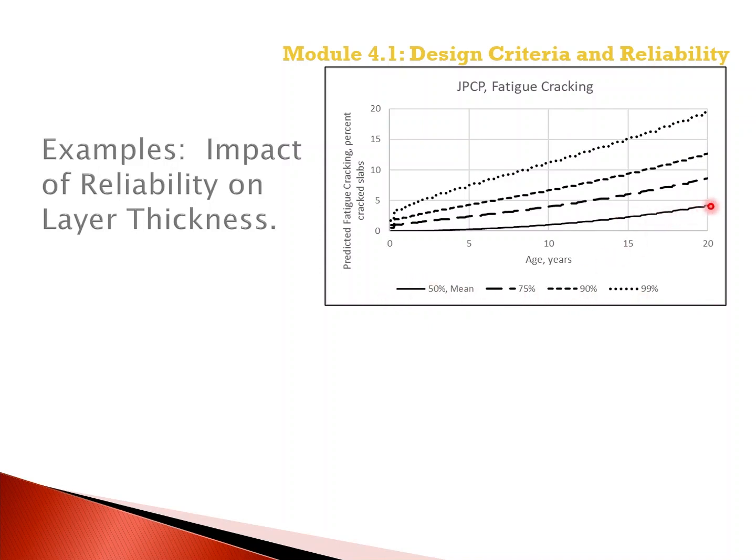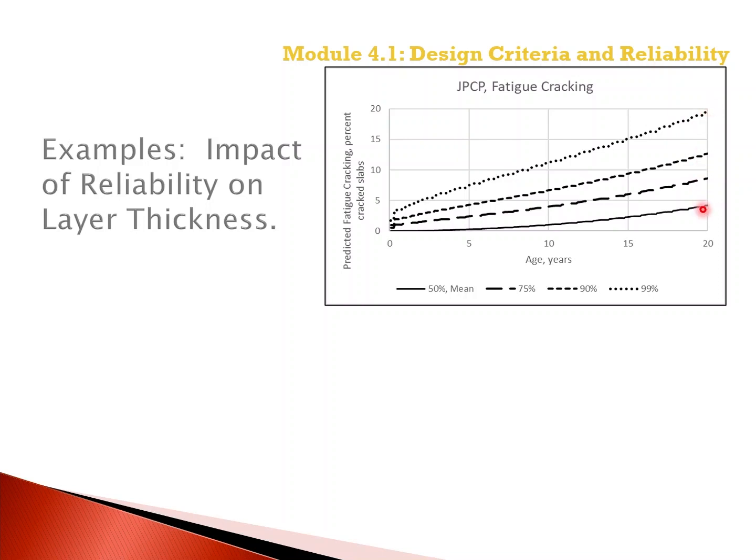The solid curve is 50%, or the mean, based on means, 50% reliability. The next one is 75% reliability. The one above that is 90% reliability, and the one above that is 99% reliability.